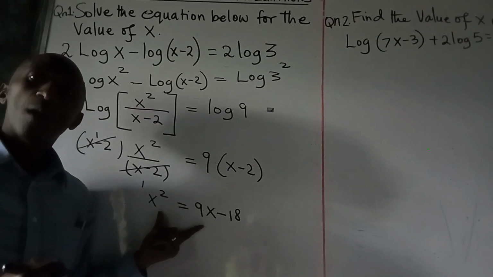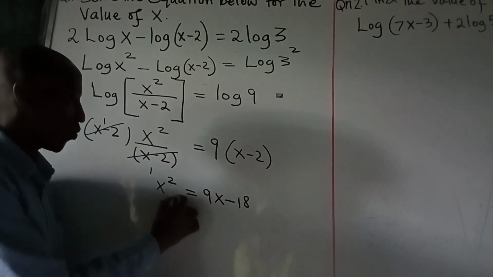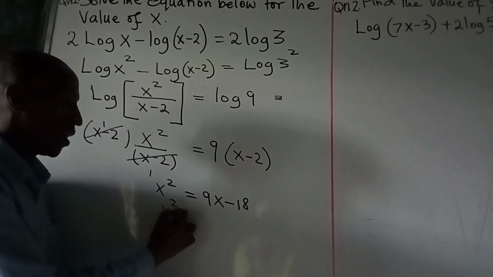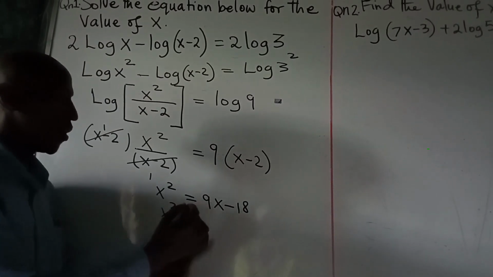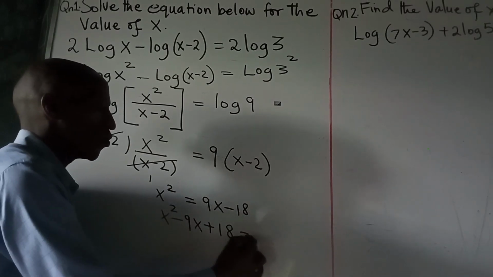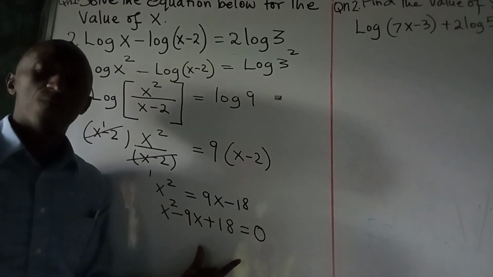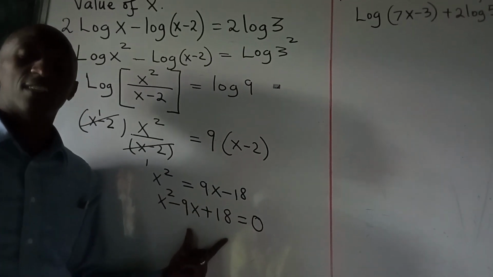We form a proper quadratic equation whereby we get x squared, we bring this onto this side, minus 9x, we add 18 on both sides, and that gives you a 0. This forms a very good quadratic equation.